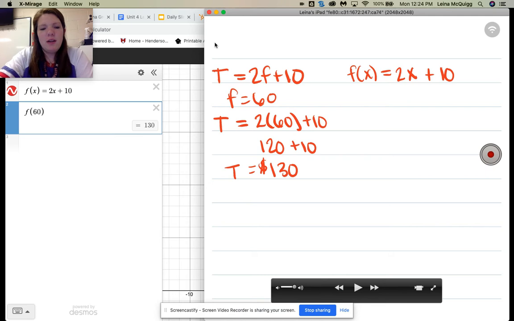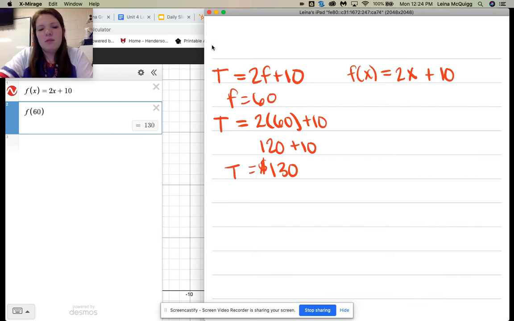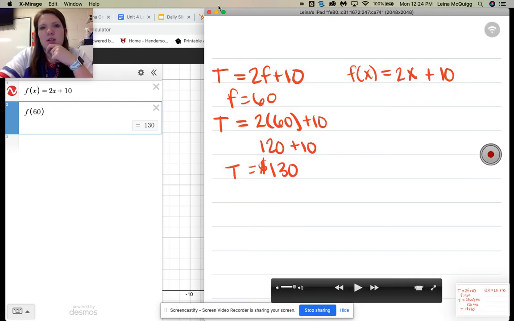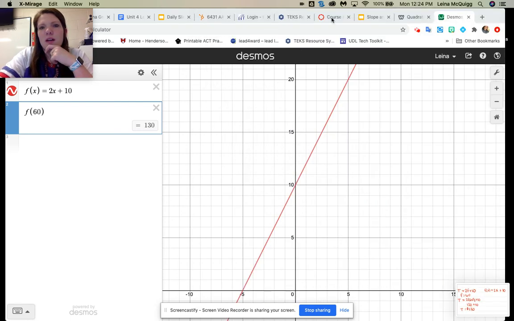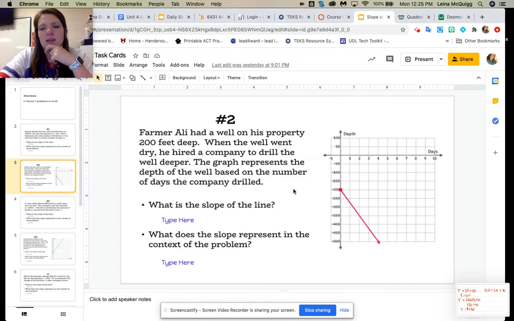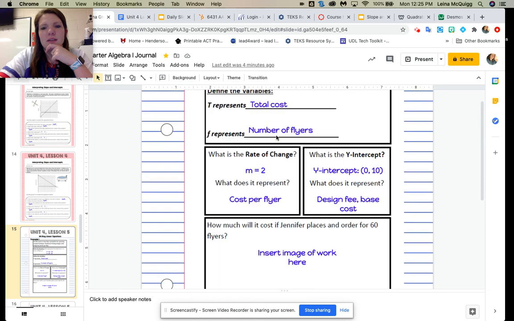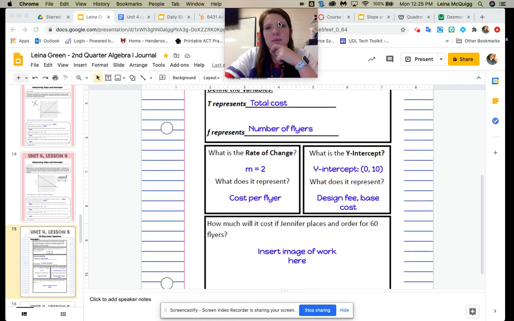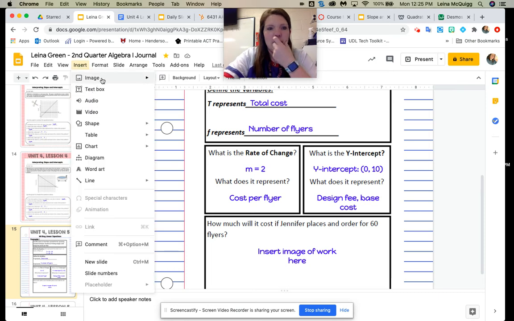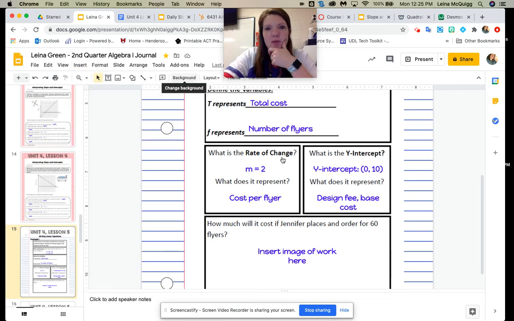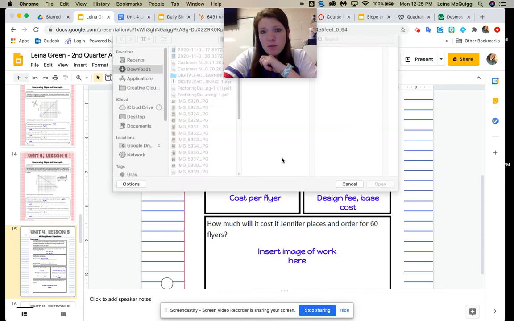I'm going to take a picture of my notes, and I'm going to do insert, insert image, upload from computer. You guys can use insert image from your camera, and you can just take a picture of your notes that you wrote down.